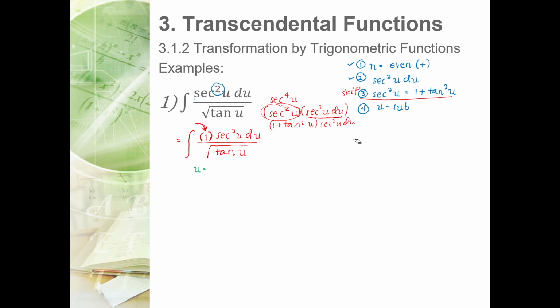So let me erase this one again. Since the given variable is u already, we can use another variable, let's say z. Since this one is our du, automatically our z should be tangent u, because its derivative is secant squared u du.